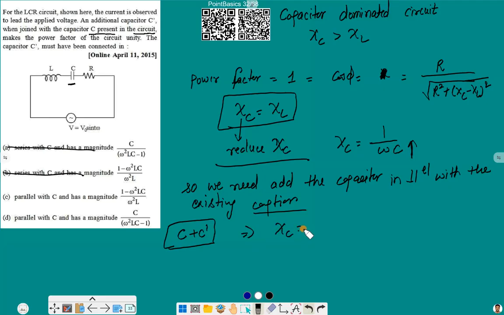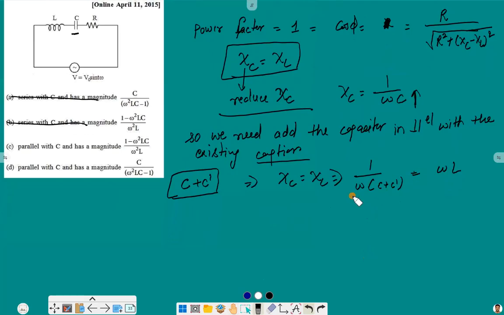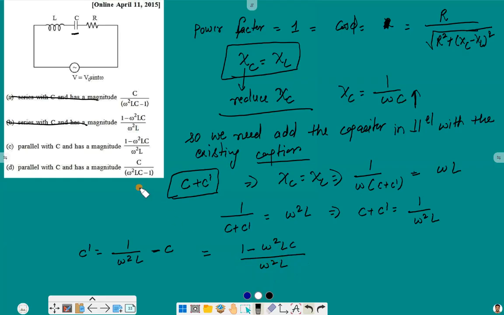At this condition XC becomes XL, or we can say 1 by omega (C plus C dash) is equal to omega L, and from this we can write 1 by (C plus C dash) is equal to omega square L. Reversing both sides, C plus C dash is equal to 1 by omega square L, and from this C dash is equal to 1 by omega square L minus C, which I can further write as (1 minus omega square LC) divided by omega square L, in parallel.